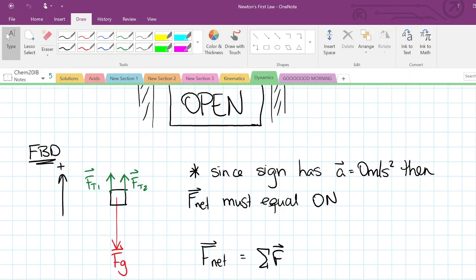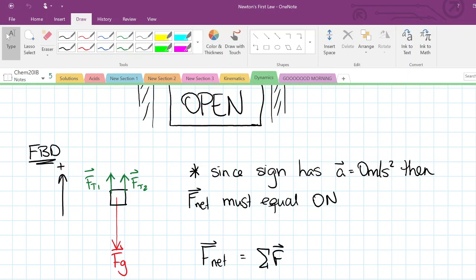I know that this open sign is stationary, so the acceleration is 0 meters per second squared, which indicates that the net force on this open sign must be equal to 0. The question tells me the open sign hangs from the door; it's not falling.